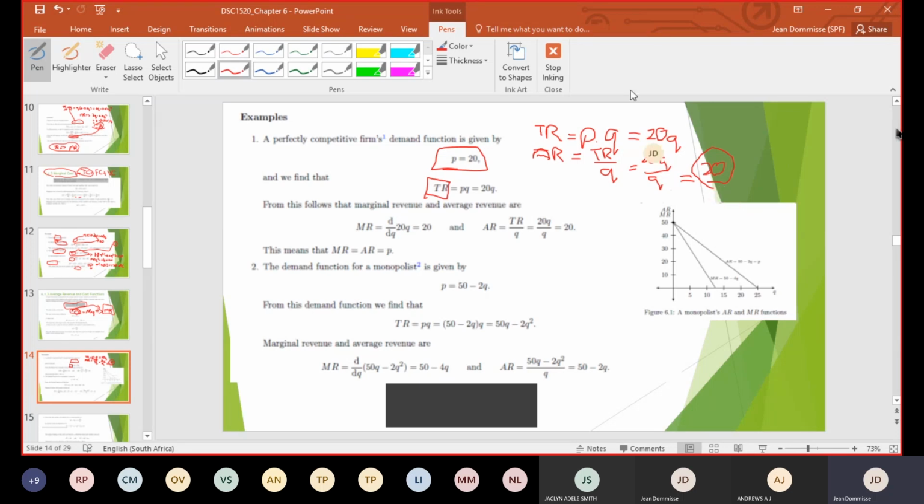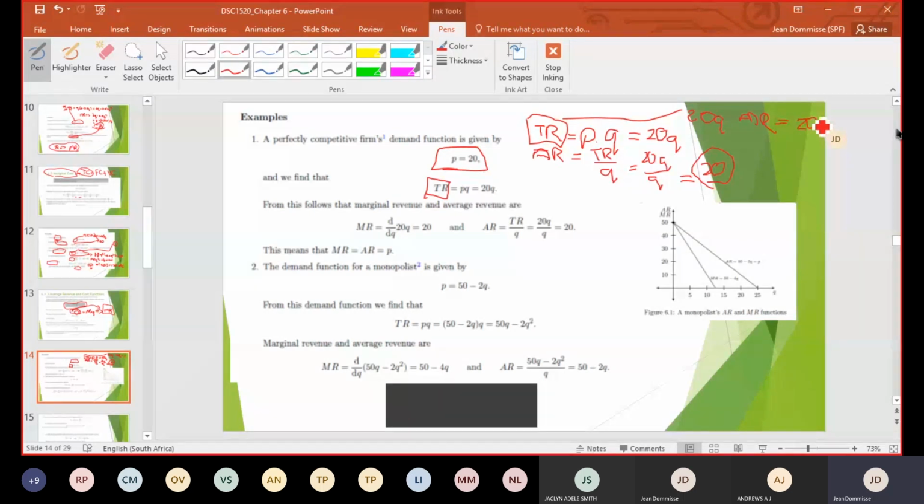What is also very interesting in this instance, and it's not always like that, so your total revenue was 20Q. So if we calculated marginal revenue, we would have said Q to the power of 1 minus 1, so Q would have fallen away, so our marginal revenue would have been also 20.